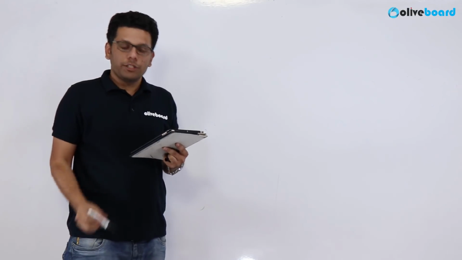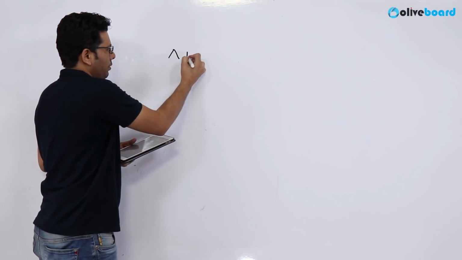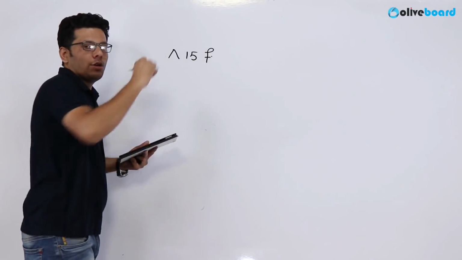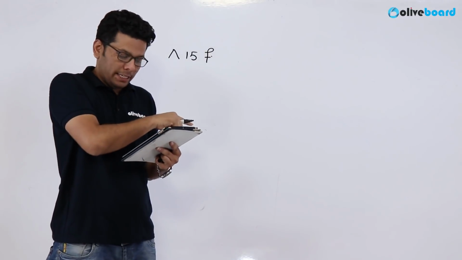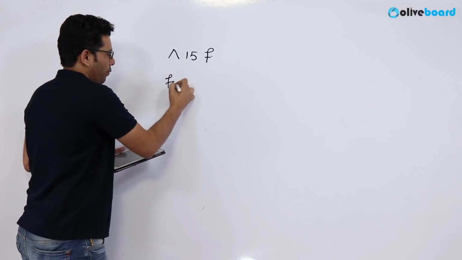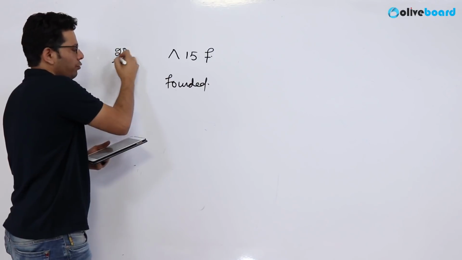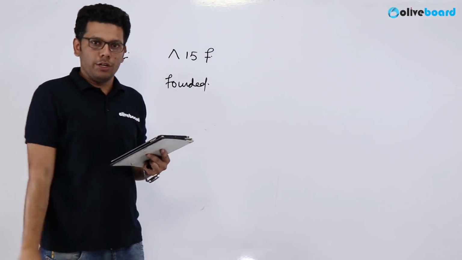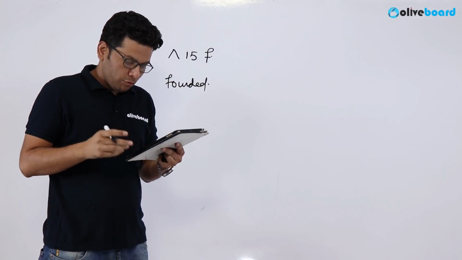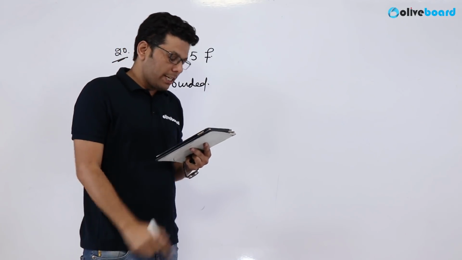Our question number 20 is, what is the code for cap 15 and F? If you use that coding mechanism, then you will get the answer. This is your question number 20 based on the same coding pattern. Okay, move to the next question.